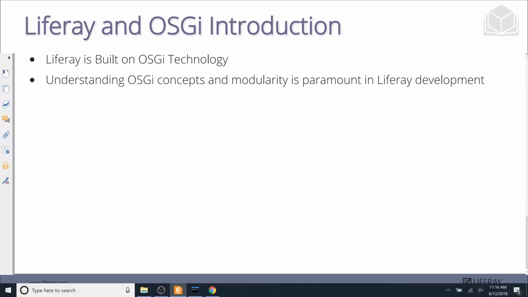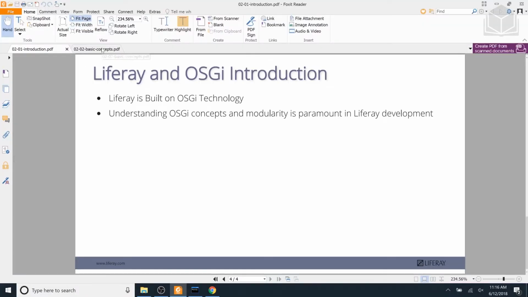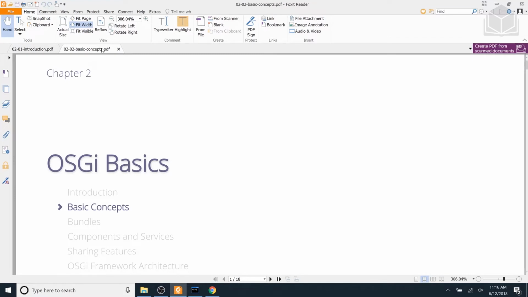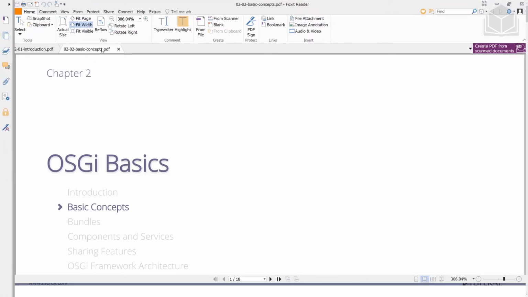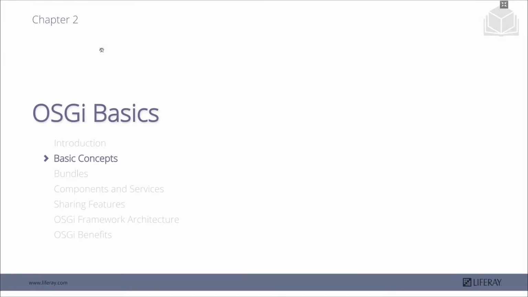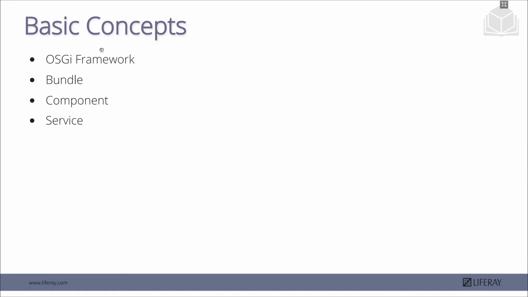So let's take a look at some of the key concepts, some of the key terms of OSGi. So we're going to start really high level. We're going to introduce some of the terms and what they are, what they mean, and we'll go into depth a little bit later. But there are 4 big concepts that we're going to be covering along the way. The first one is the OSGi framework itself.